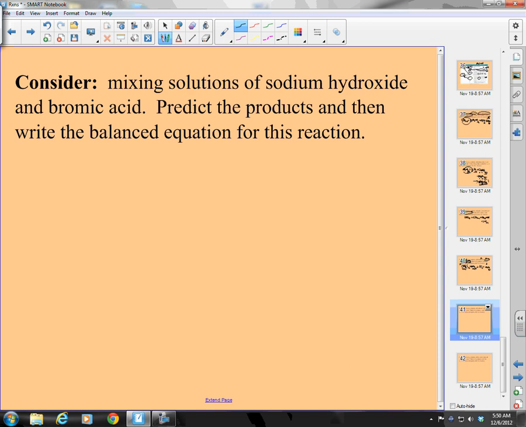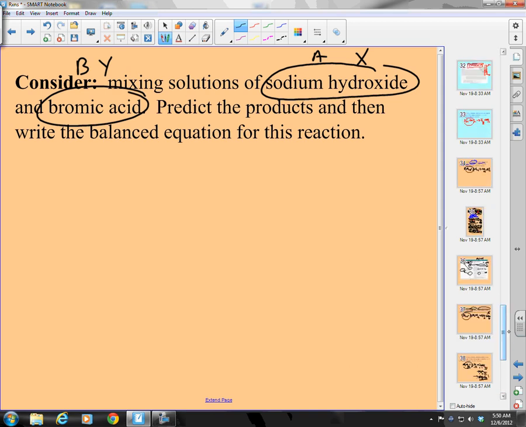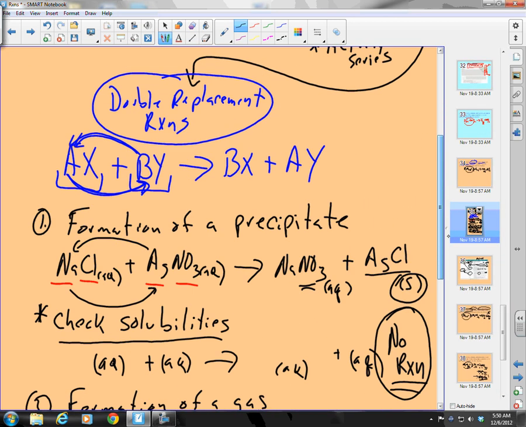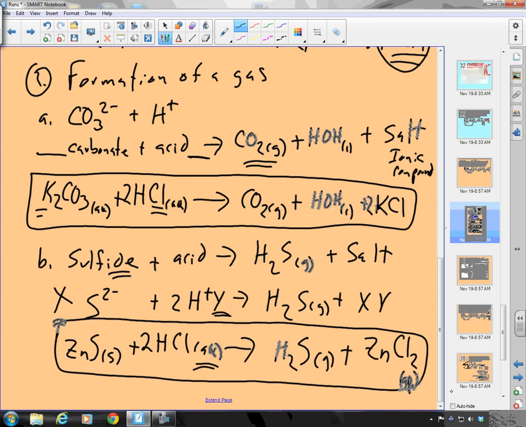Consider mixing solutions of sodium hydroxide, that's an AX, right? And bromic acid, BY, and we're going to predict. Okay, this is going to be the third type of double replacement reaction. So let's finish this up.